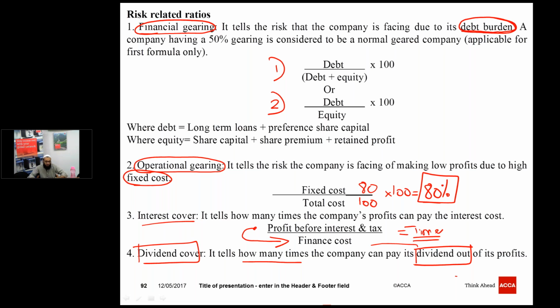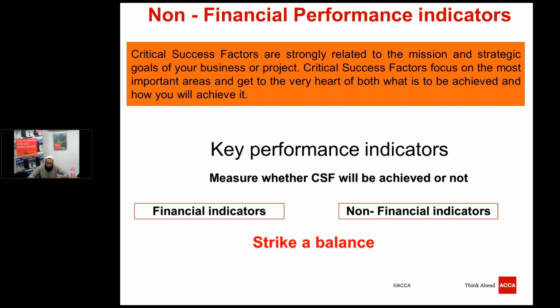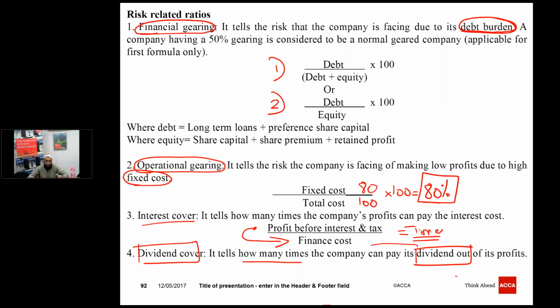Okay. Now, before I move on to non-financial indicators, these are all known as financial indicators. But before I move on to the non-financial indicators, I want you to write two other financial indicators which are very, very important for your exam.